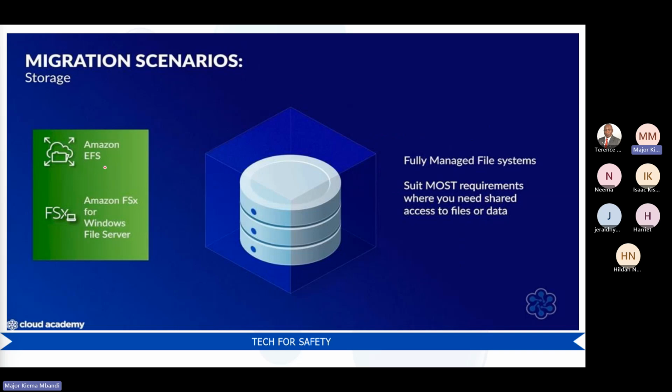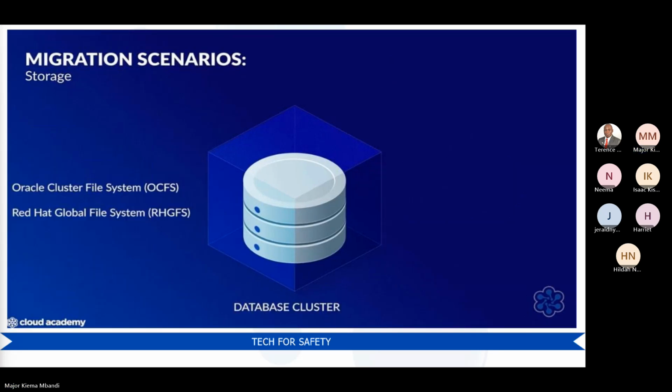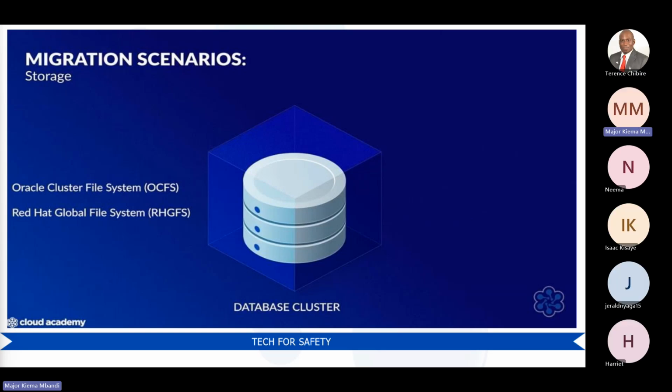Remember, EFS can be mounted, and then multiple AWS services can query data from the mounted drive. Still on migration scenarios for storage, you can use Oracle Cluster File System, OCFS, and also Red Hat Global File System, RHGFS, for database clusters.